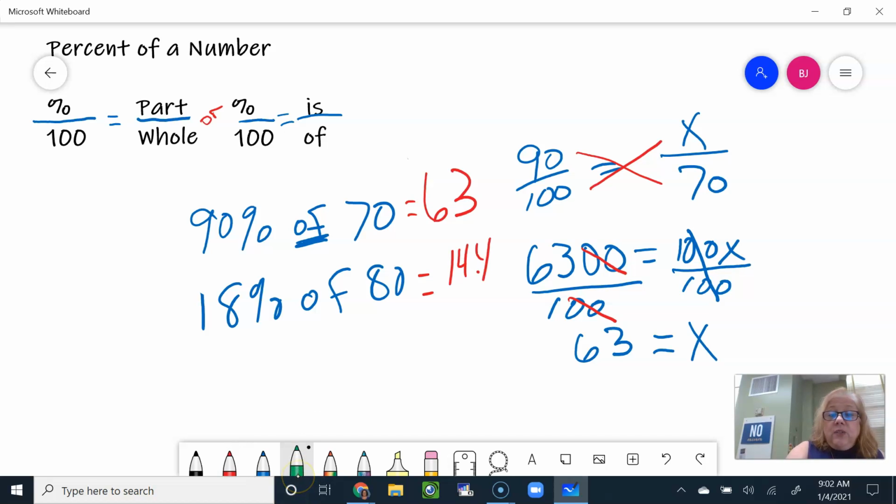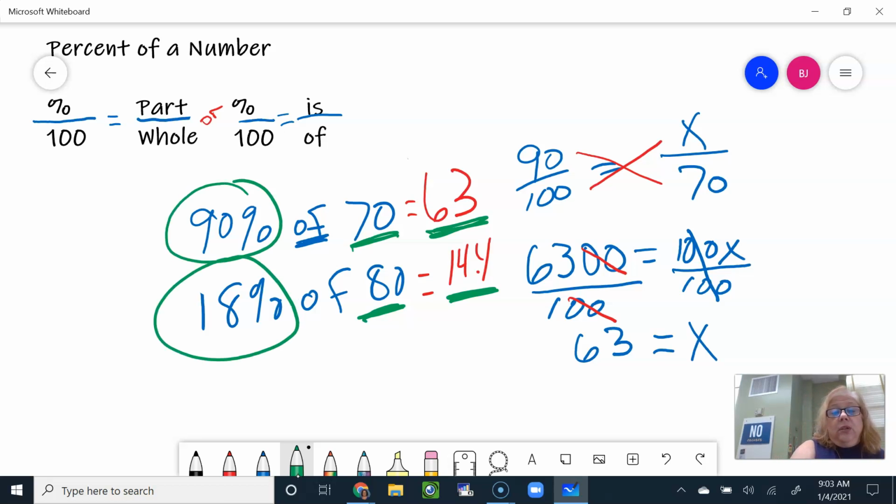Notice that each one of these, our answer, is smaller than our "of," or our whole. So our part is smaller than our whole. And the reason for that is because our percentages here are lower than 100.